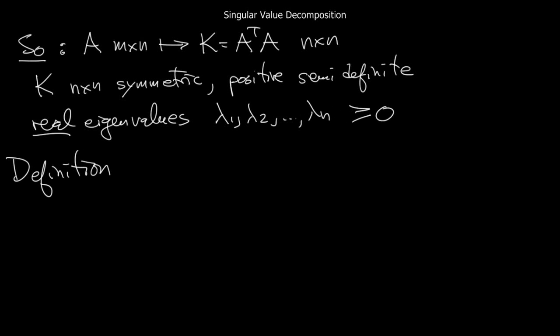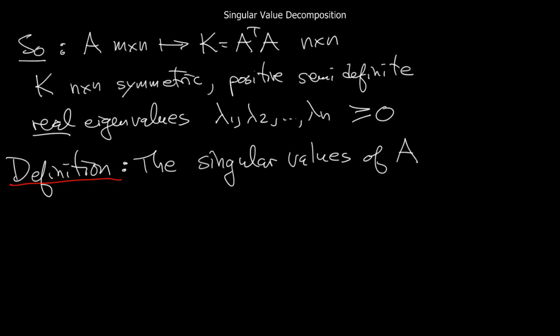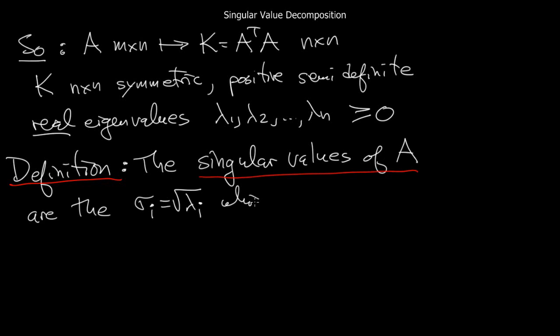And now here's the definition. The singular values of this matrix A are the following. What you do is you take the square roots of the lambda i's which are non-zero.